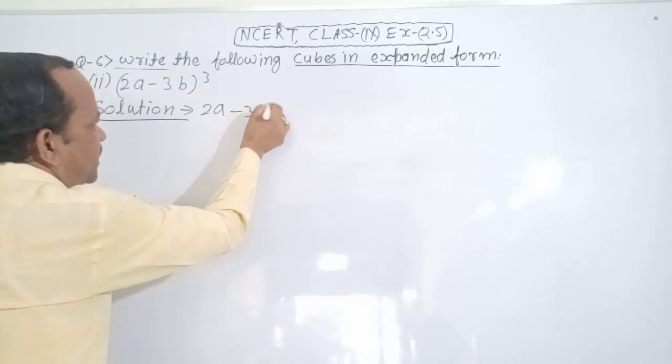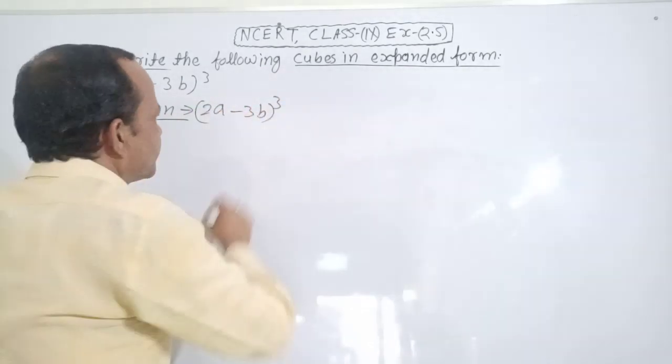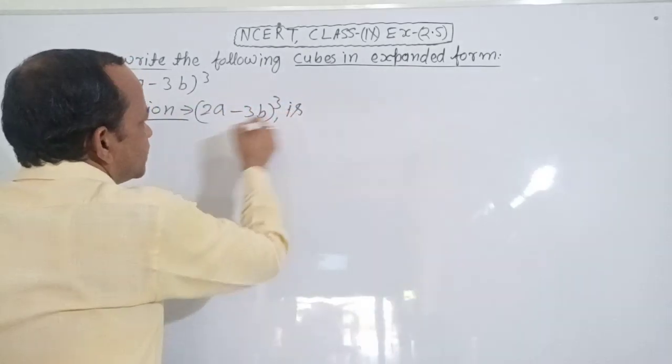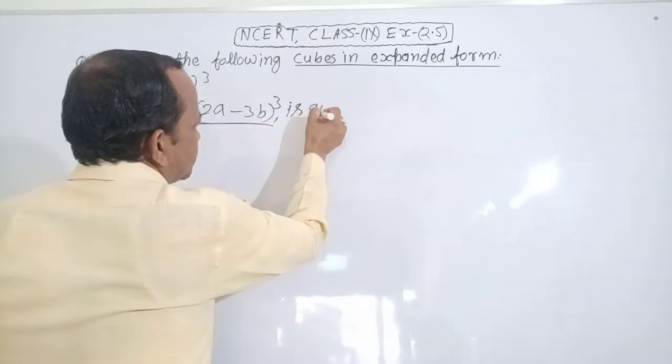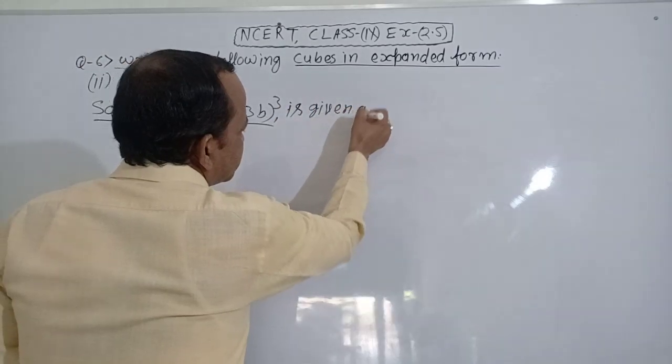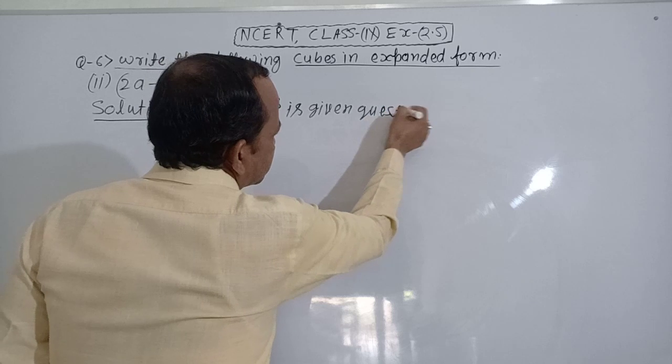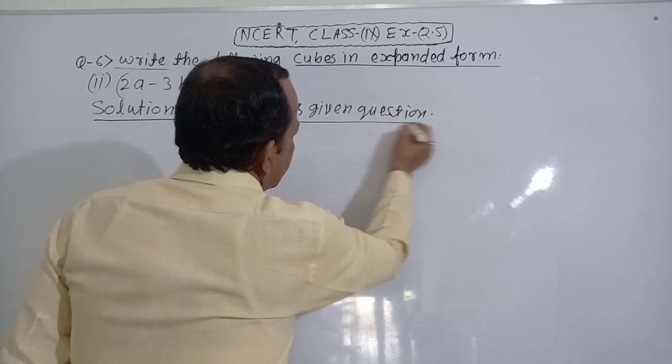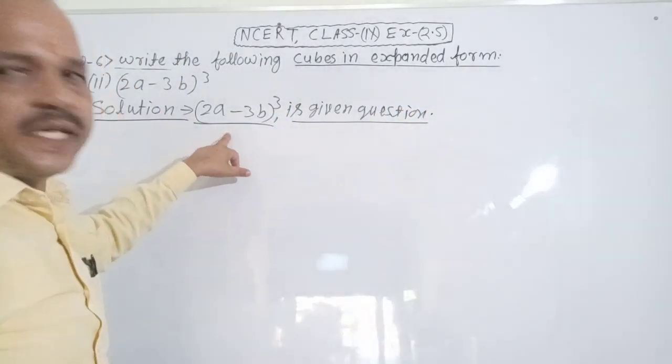(2a minus 3b) whole cube is the given question.